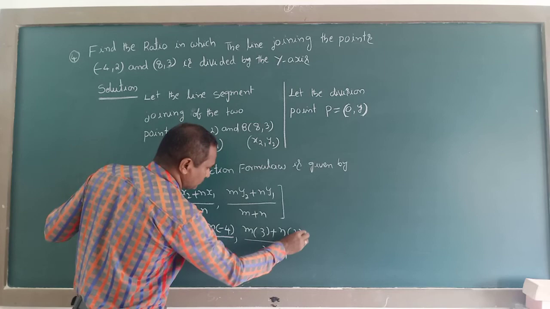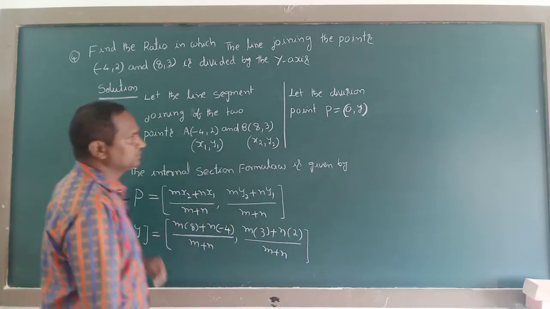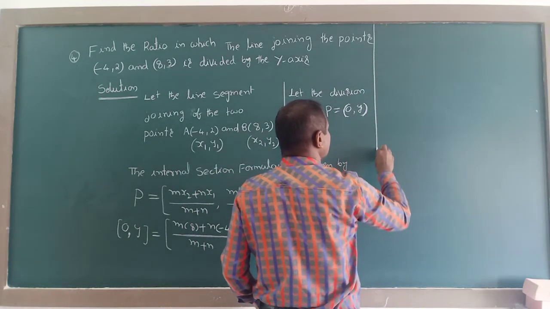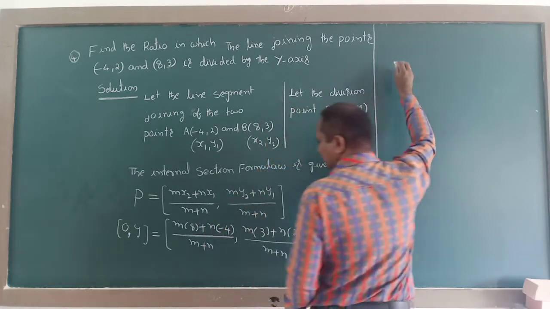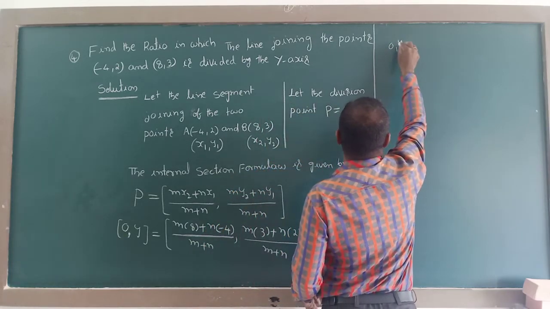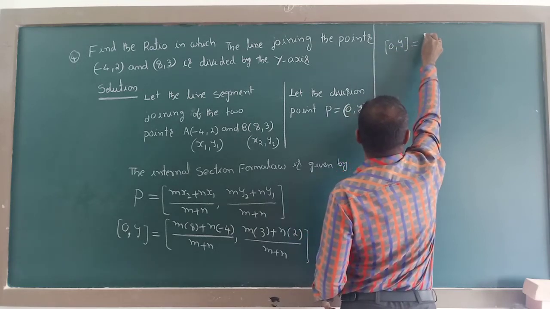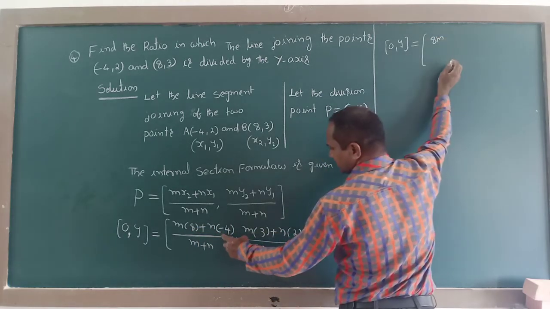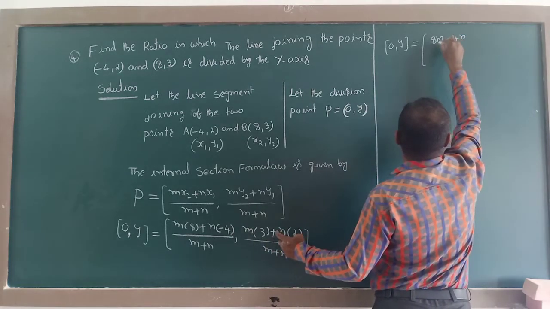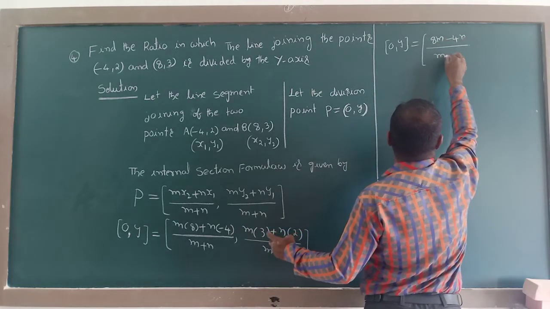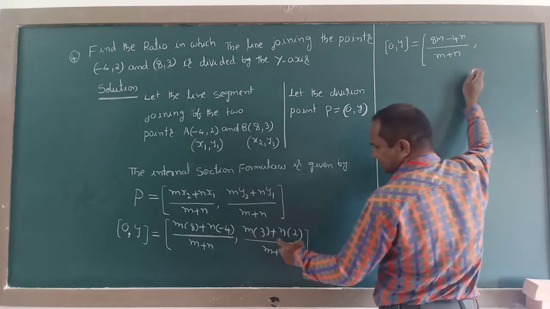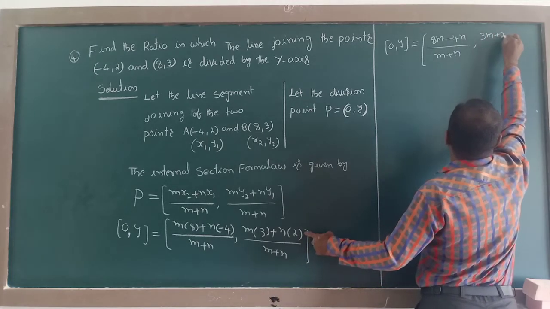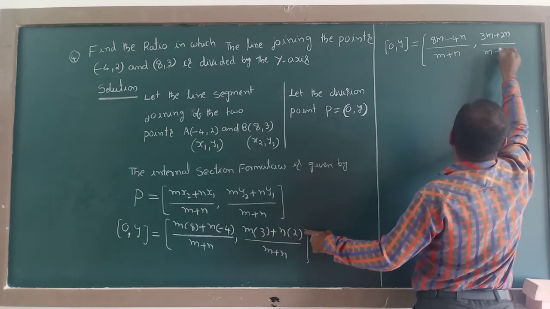So 0 comma y is equal to 8m minus 4n whole divided by m plus n, comma, 3m plus 2n whole divided by m plus n.